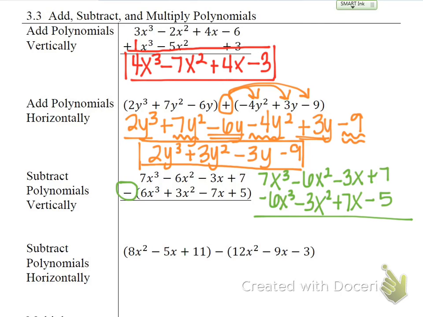So 7x to the third minus 6x to the third gives me 1x to the third. Negative 6x squared minus 3x squared gives me negative 9x squared. Negative 3x plus 7x is plus 4x. And then 7 minus 5 is plus 2. And that's your answer.